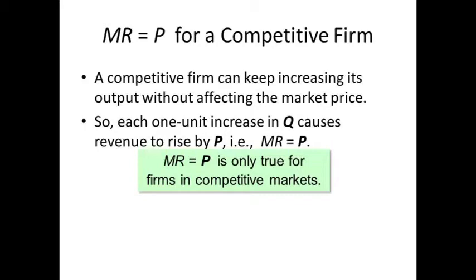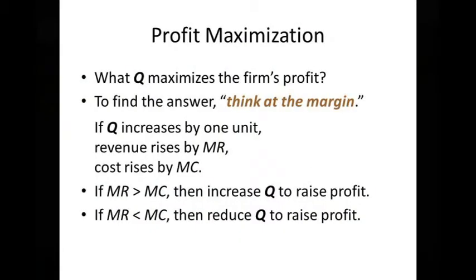In this example, if marginal revenue exceeds marginal cost, increasing output will cause profit to rise. If marginal revenue is less than marginal cost, then the firm can increase profit by decreasing output. Profit maximization occurs where marginal revenue is equal to marginal cost, and then the firm's supply decision will be appropriate for the market.